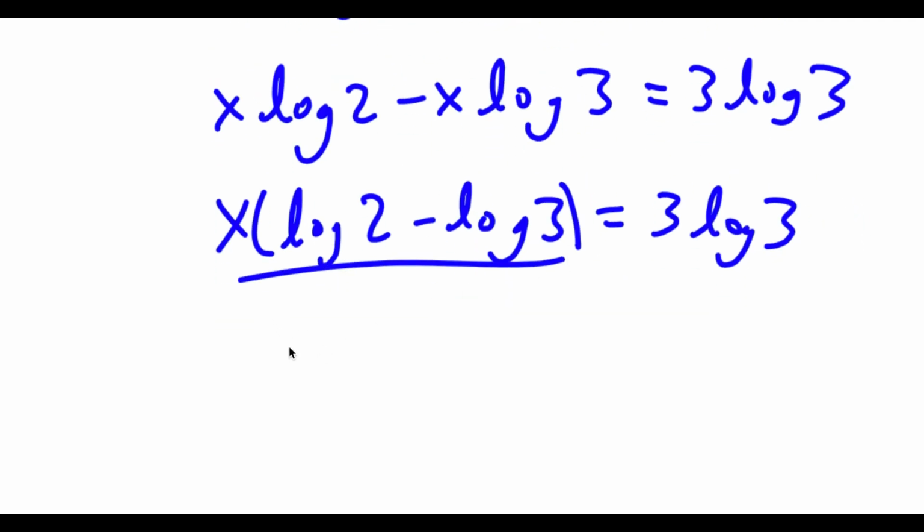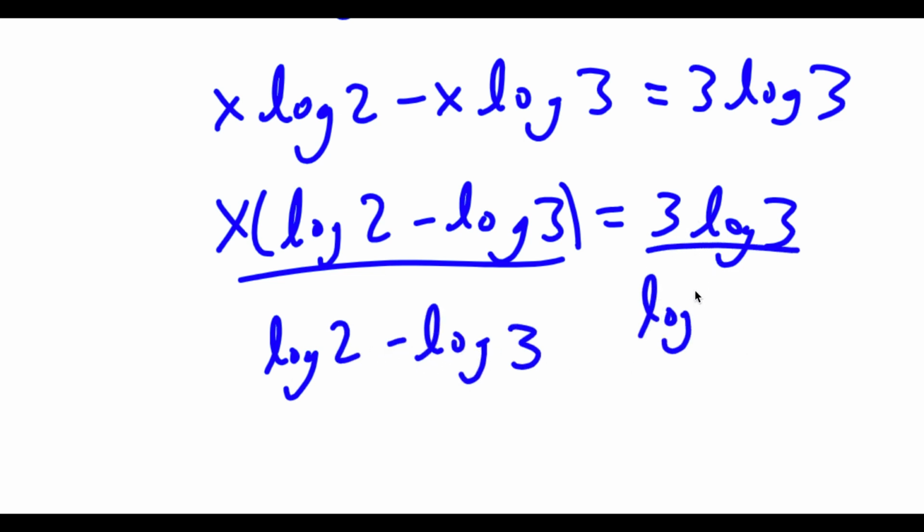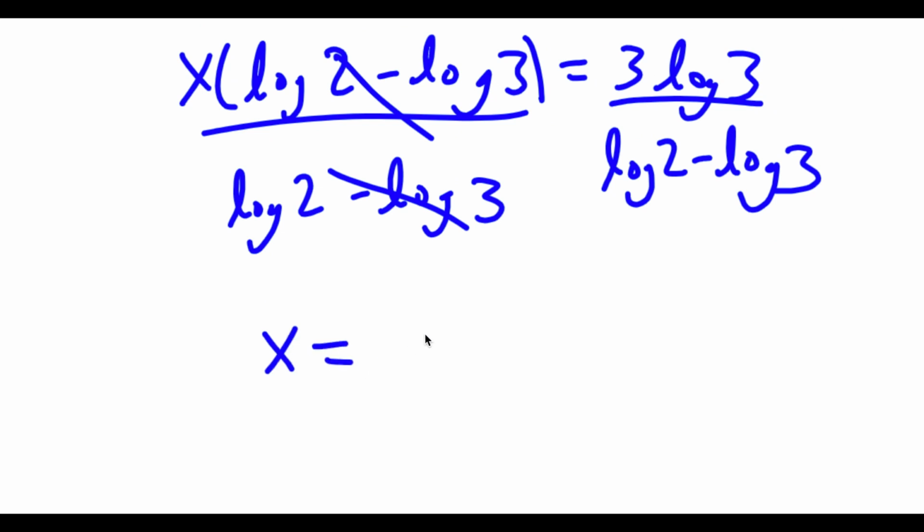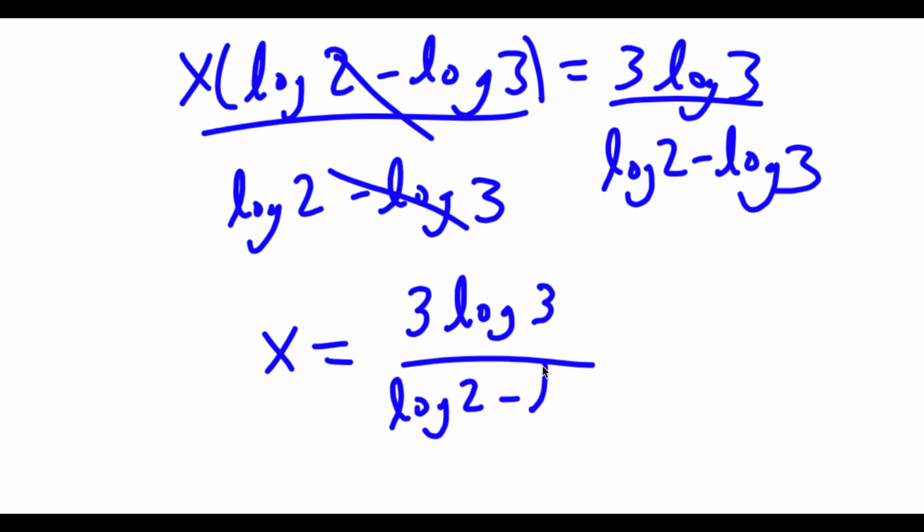Now I can divide both sides by log 2 minus log 3. So I get x is equal to 3 log 3 over (log 2 minus log 3).